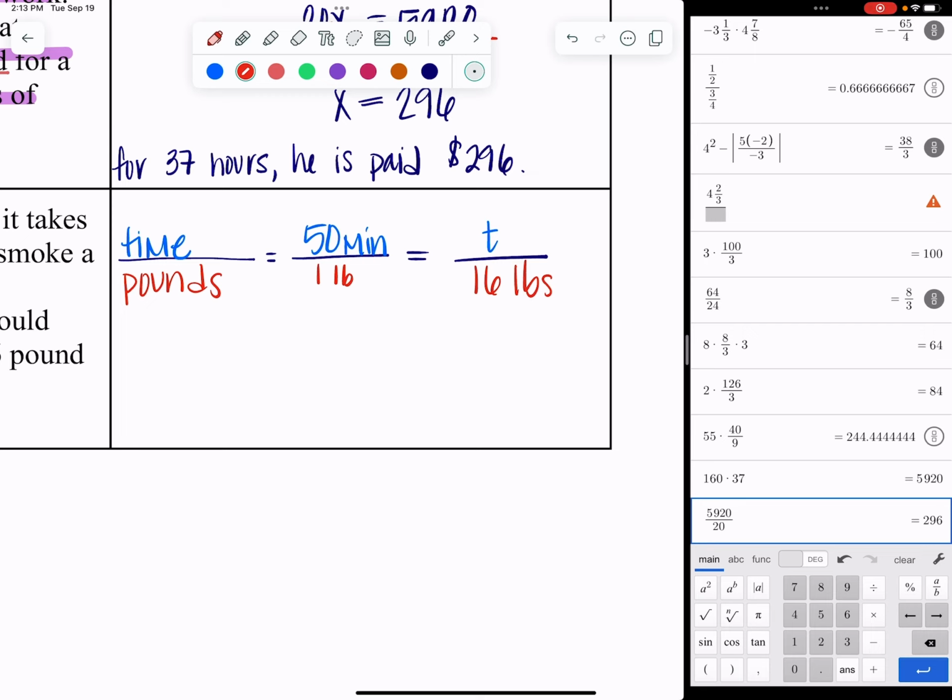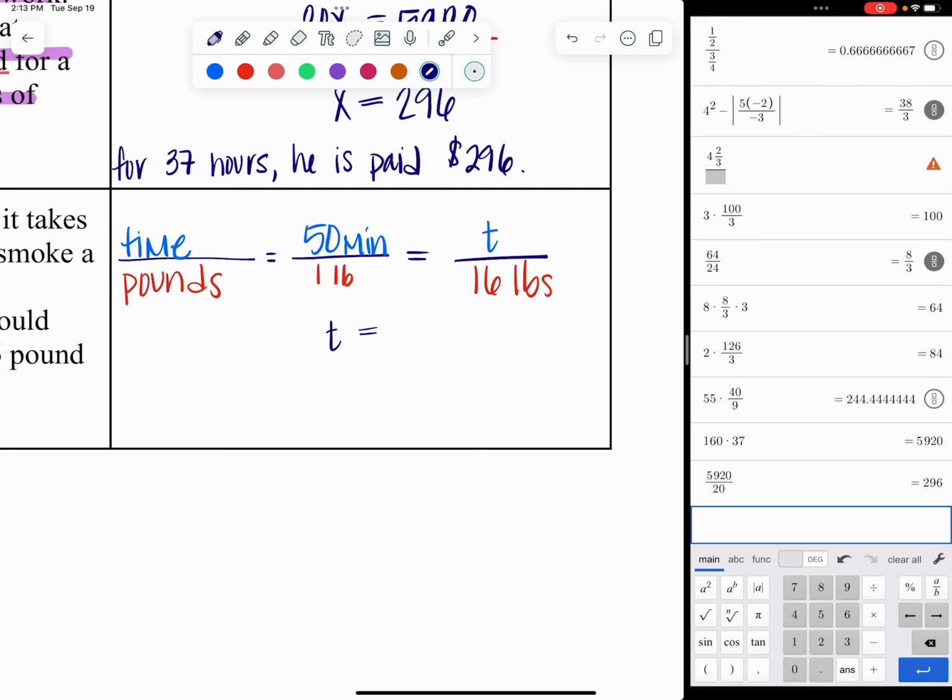So we've got 50 minutes for 1 pound. We want to know how many minutes for 16 pounds. So we cross multiply. 50, not 51, 50 times 16 is 800.